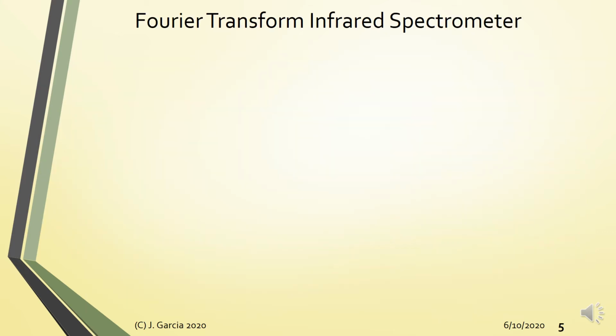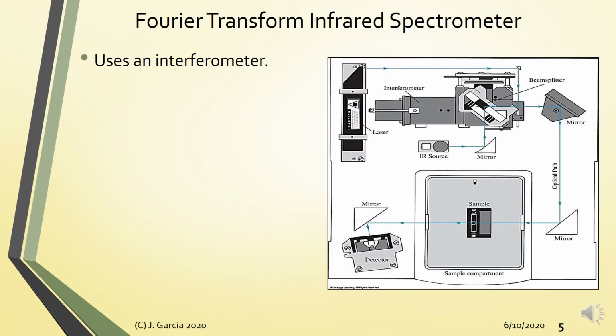Alright, so the modern infrared spectrometer is actually based on Fourier transform infrared spectrometer. So this is a non-dispersive instrument, meaning it doesn't contain a monochromator. Okay, so instead of a monochromator, it uses what you call a Michelson interferometer.